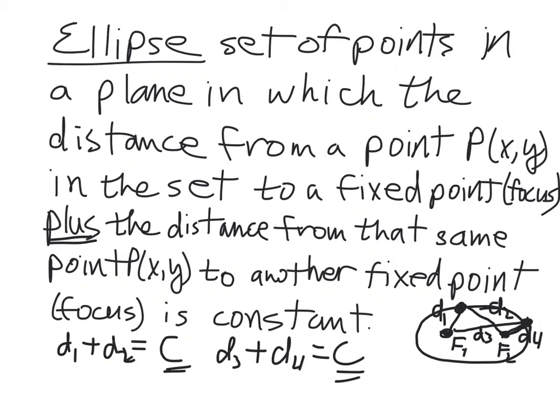And we can do that for all of these different points that are on this ellipse. This one right here, we could say, well, starting to get a little cluttered, but the distance of each of those line segments, add those together, and that's still going to be the same constant value.